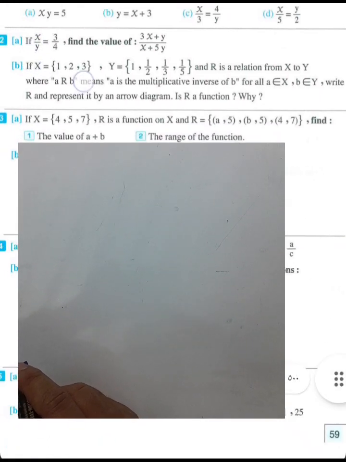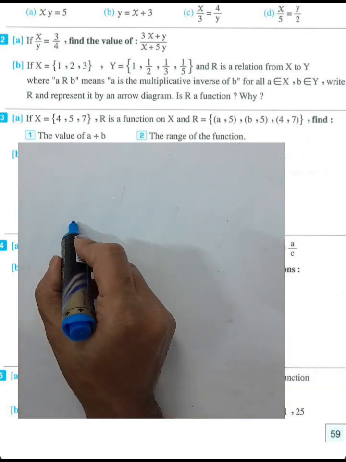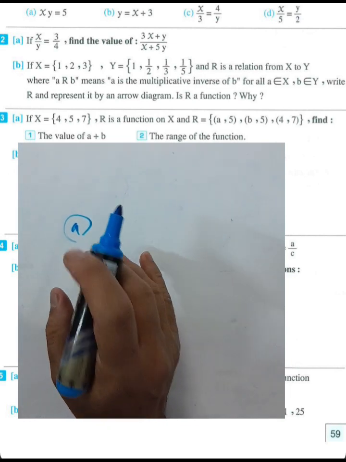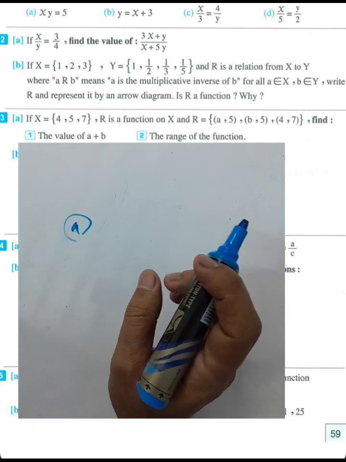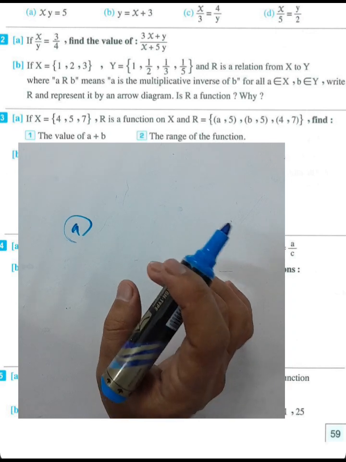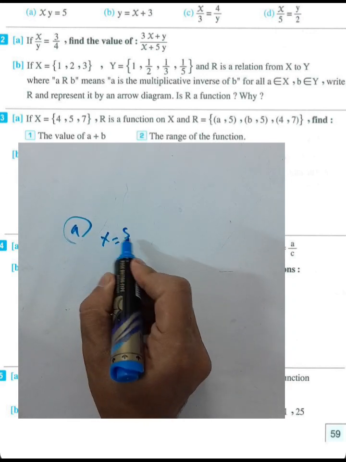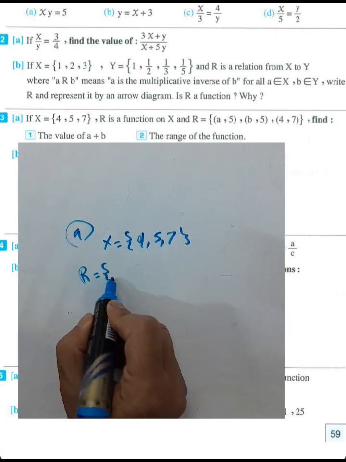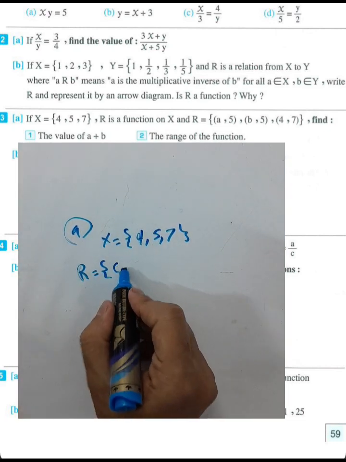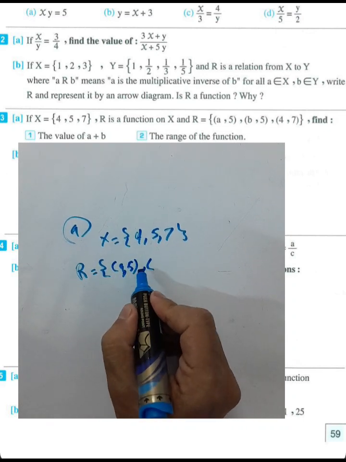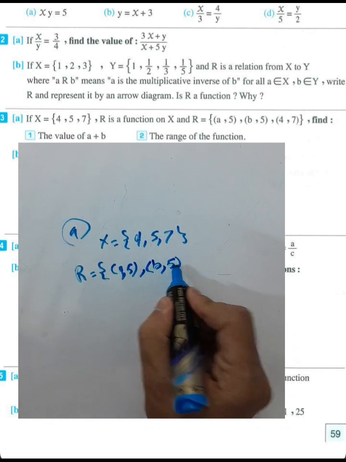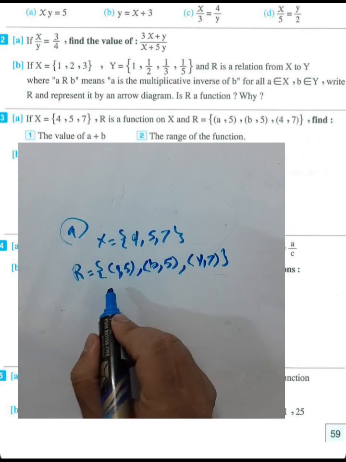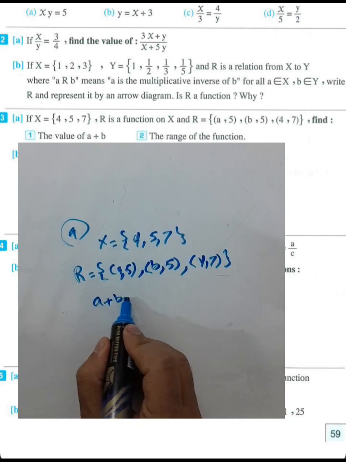Number 3, question letter A. We have x equals 4, 5, 7. We have a function on x, and the relation is given. We have x equal 4, 5 and 7, and we have the relation here: a is 5, b is 5, 4 is 7. We want to find the value of a plus b.